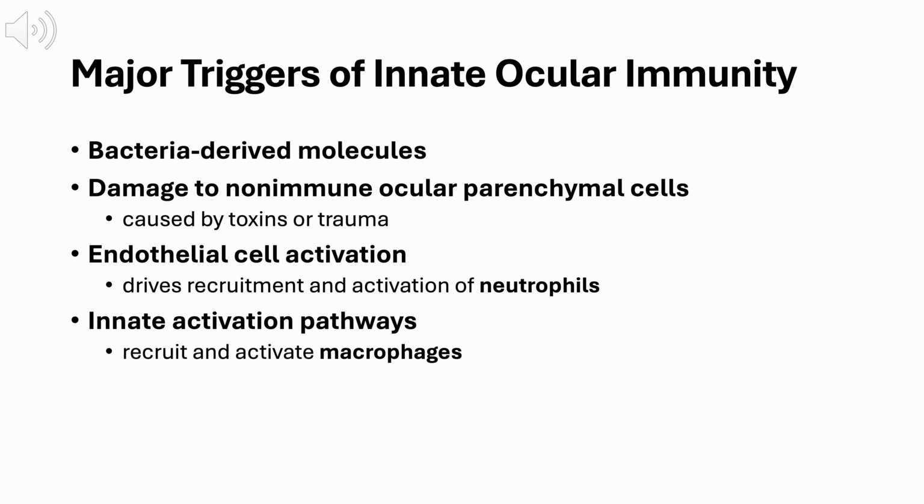These signals activate the vascular endothelium, allowing circulating neutrophils to adhere, migrate into ocular tissue, and become activated. In parallel, innate signaling pathways recruit and activate macrophages. Together, these mechanisms convert local detection of infection or injury into a coordinated inflammatory response.